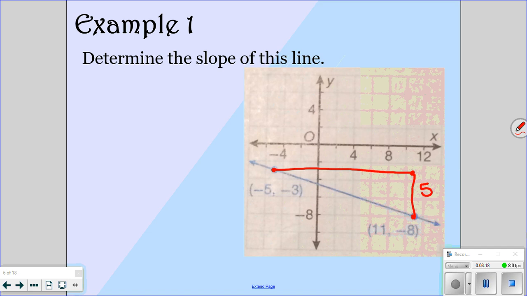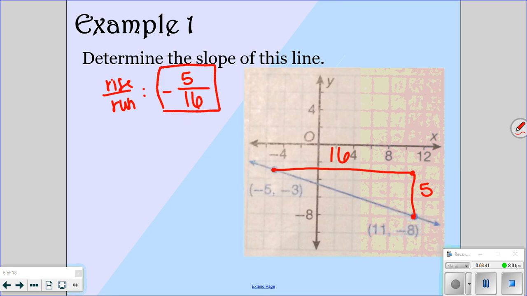So going from -5 to 11 is a change of 16. So when we do slope, we do rise over run. The rise, we went up 5, and then we ran left 16. So that's a -16 because we went to the left. So that could be your slope.